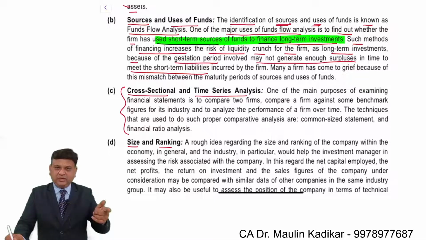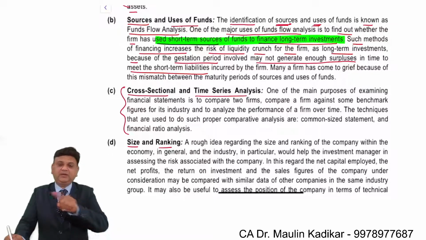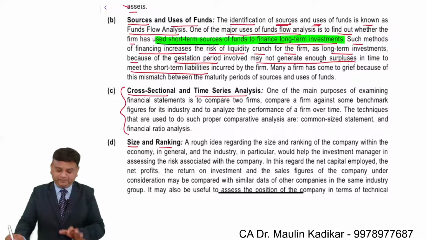In comparison to that, listen carefully, if there is an export order that you are supposed to finance, then in that case you can go for the packing credit. Why? Because soon after you ship the goods, you are going to have the realization of the sale value of the goods, and with that you will be able to make the repayment of the loan.